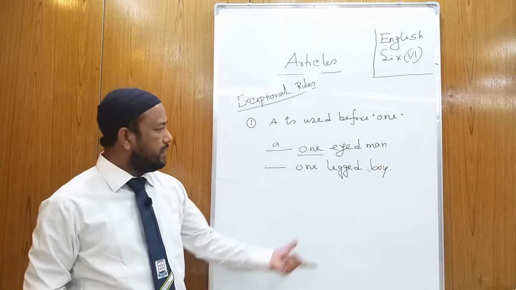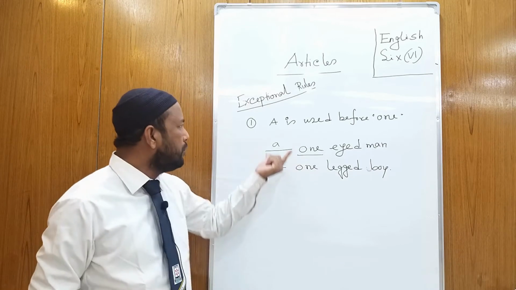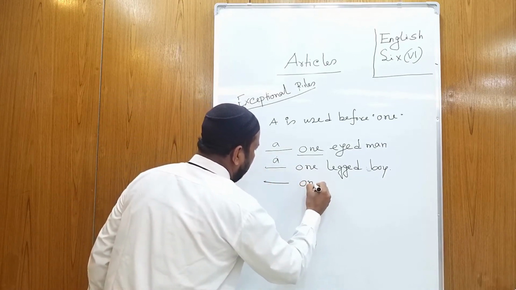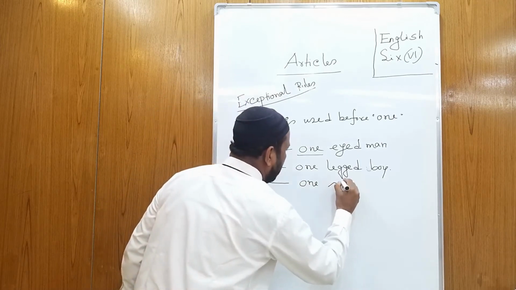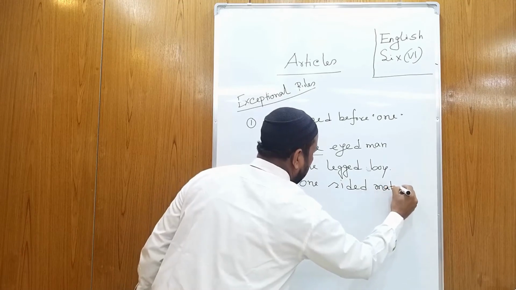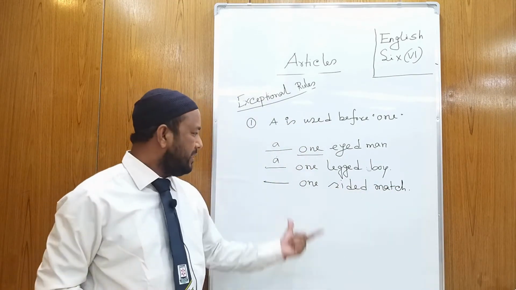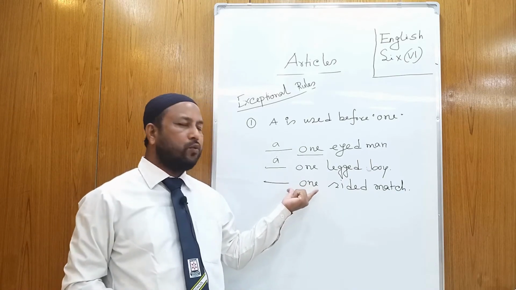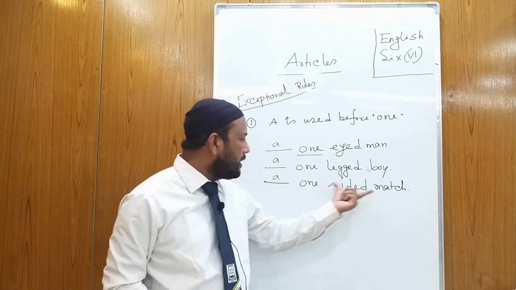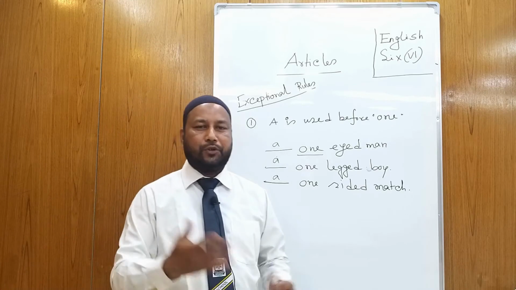The second example: one-legged boy. Similarly, the first word is one, that's why we use a. Another example is one-sided match. Here the first word is one, that's why we use a. Is it clear what a one-sided match is?